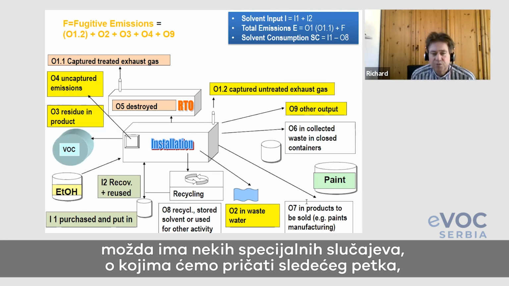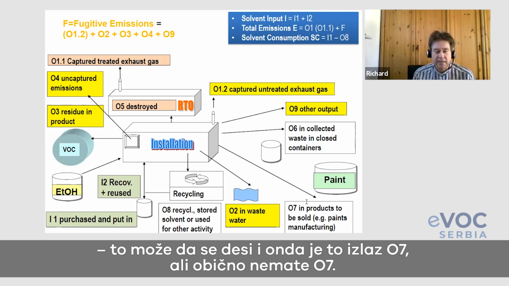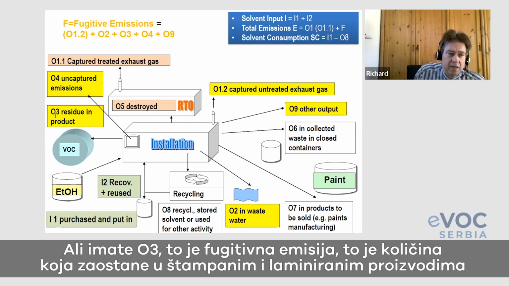For example, maybe you recover toluene from your waste gas by your active carbon filters, and then you sell that recovered toluene yourself to other companies as a solvent. That can happen. Then for sure it's O7, but normally you don't have O7, you have O3.